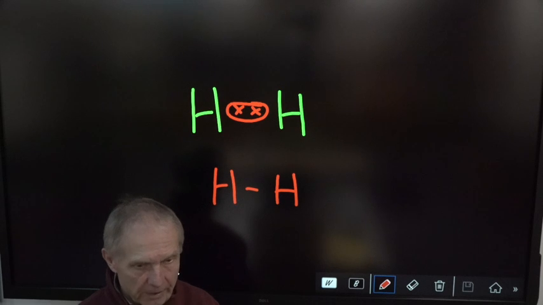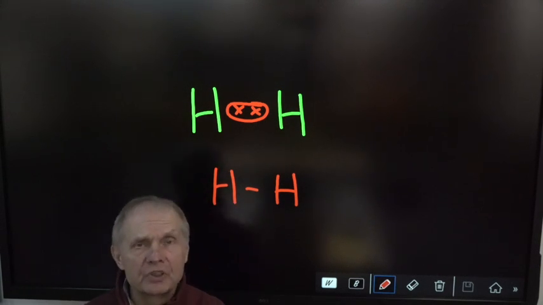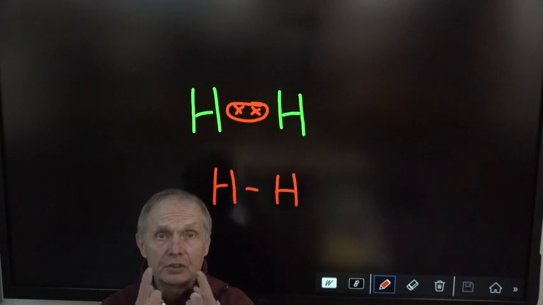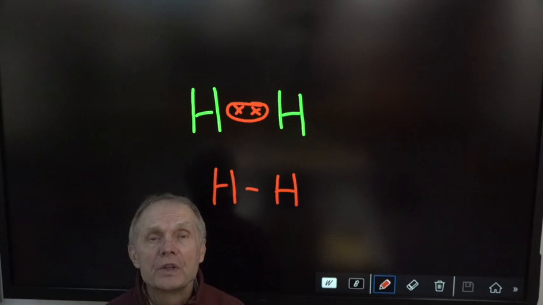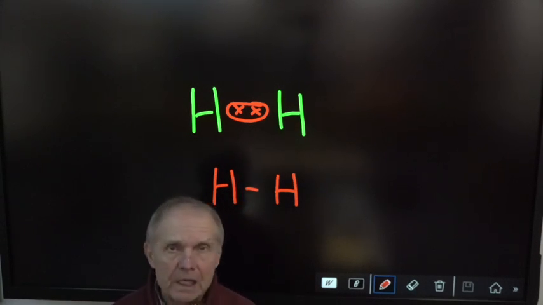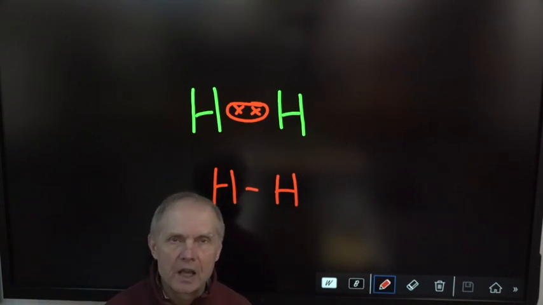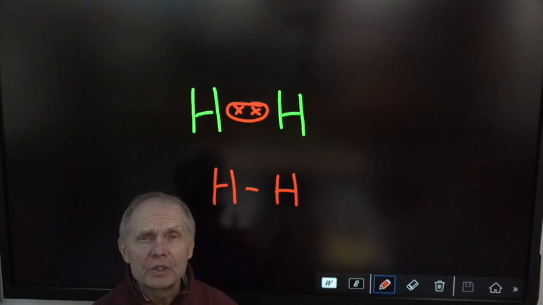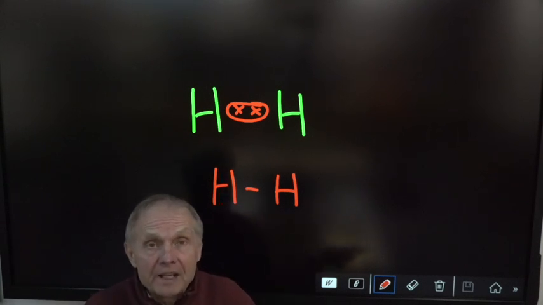So, one more time. If they ask for what substance has a polar bond, it's just two different nonmetals. If they ask for which one has a nonpolar bond, that means equal sharing, and the only substances that share equally are the diatomic gases. That's why nonpolar bond is so easy. It's just the diatomic gases.